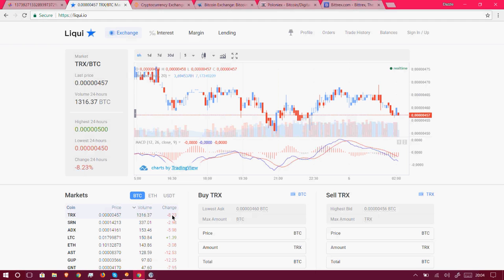So if I was using the MACD indicator for this coin, I would actually take a buy on this coin right here because of what I'm seeing right here. So let's look at another coin.